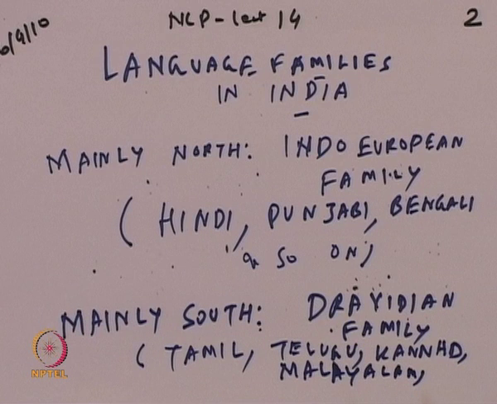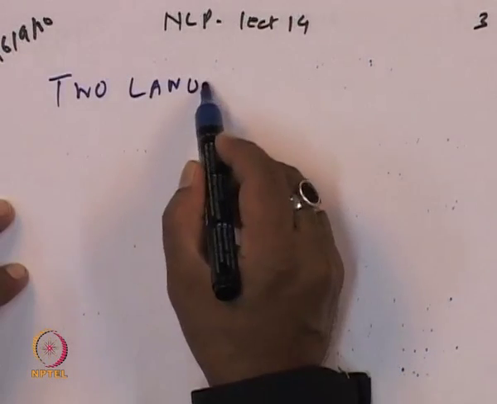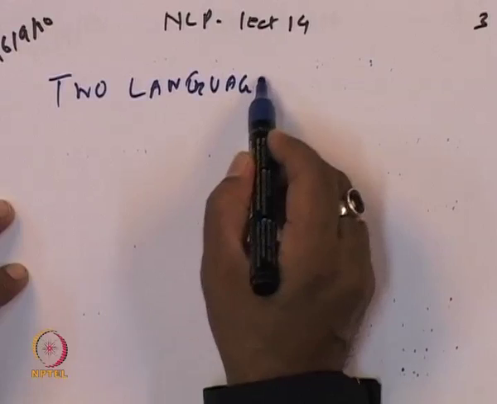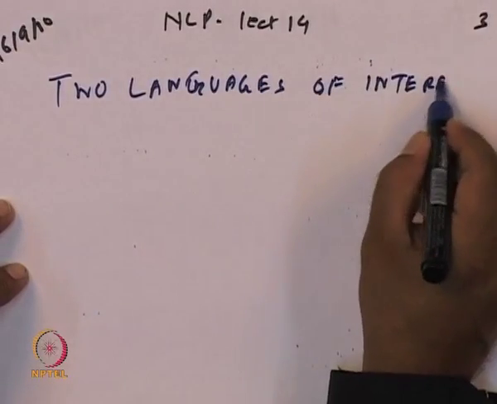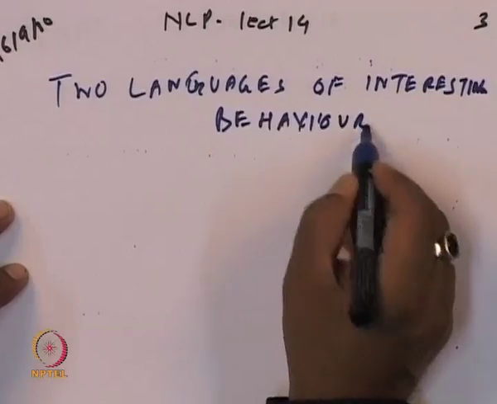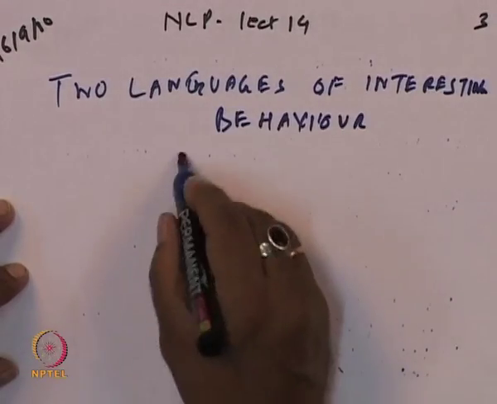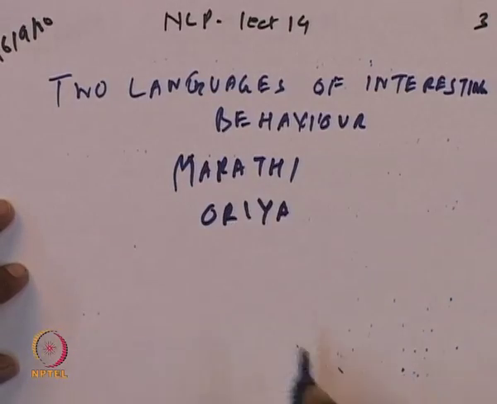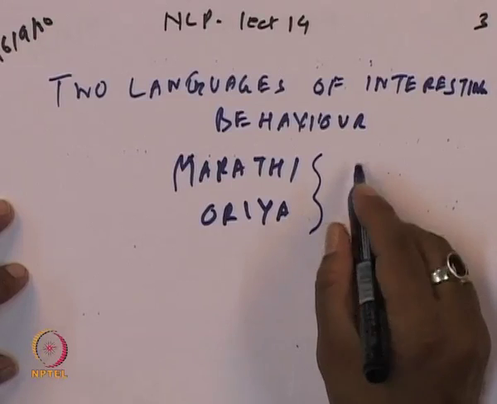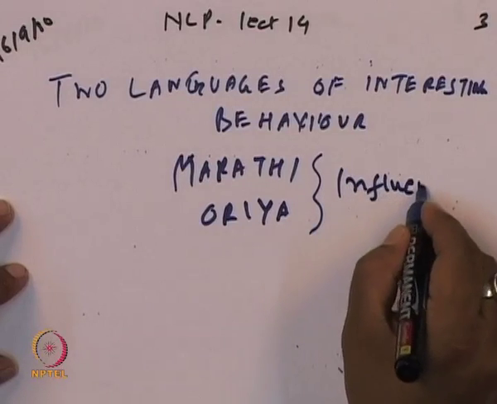All right. There are two languages of interesting behavior. These are Marathi and Oriya, and both these have influence of Dravidian.